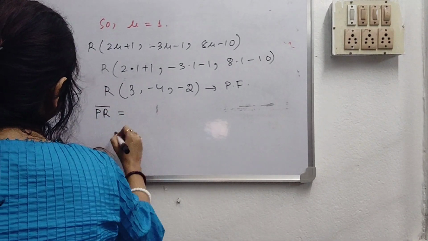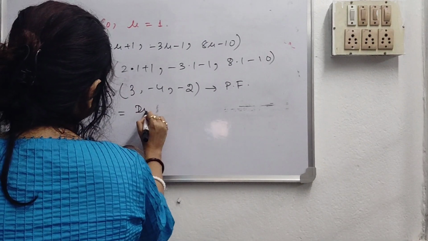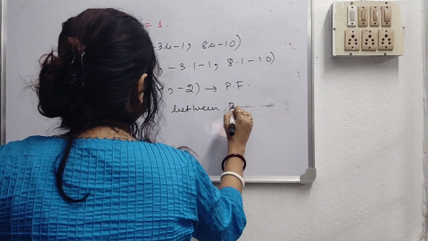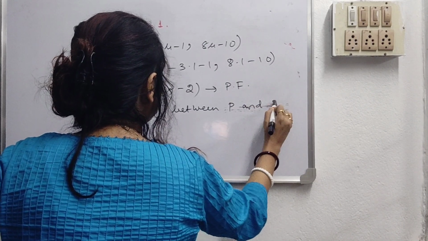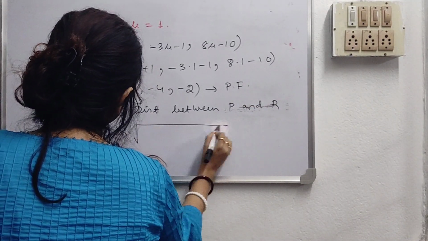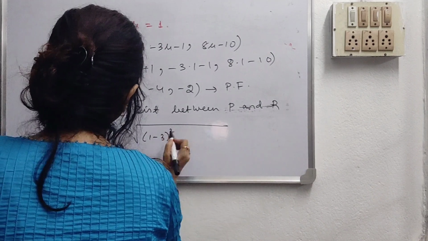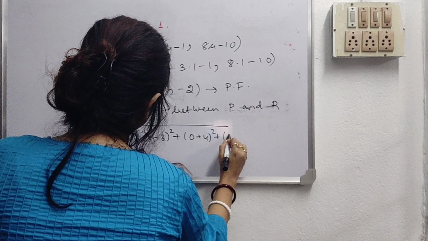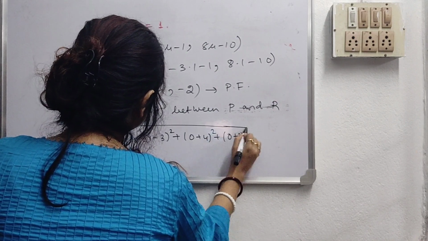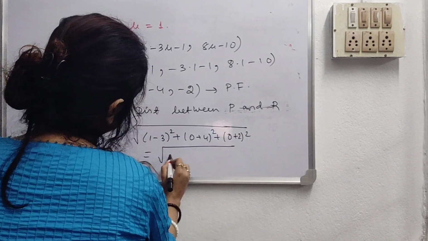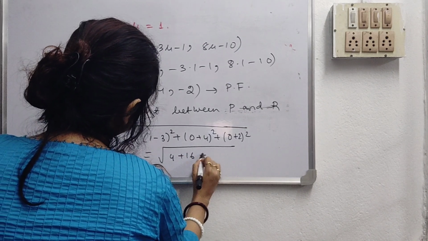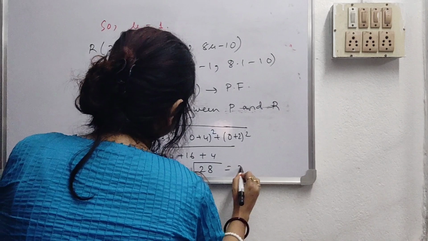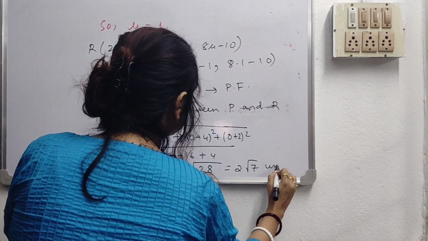What will be PR? The distance between P and R: root over (1 minus 3) whole square plus (0 plus 4) whole square plus (0 plus 2) whole square. That is 4 plus 16 plus 4, that is root over 28, which is 2 root 7 units.